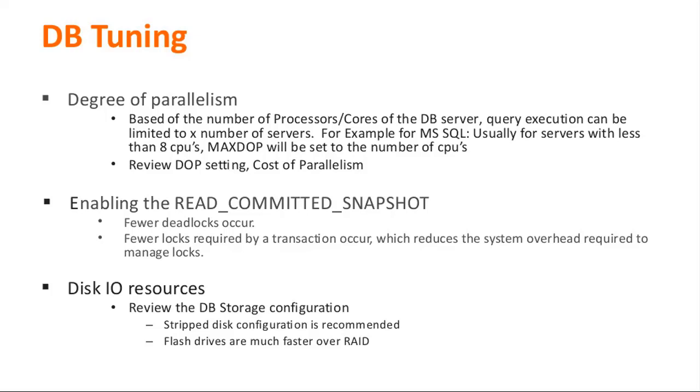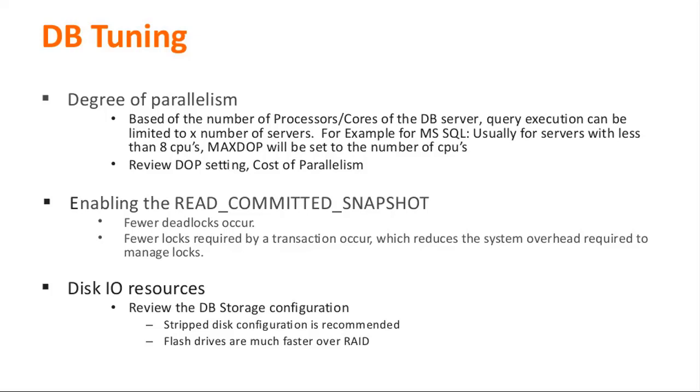It can be set to the number of the CPUs. So you should review this setting. By default, this is the setting on the SQL Server. There's a similar setting for Oracle where you can set the min parallelism and the max parallelism. So these need to be reviewed. It is not like, okay, one setting will work for all. It can vary from environment to environment depending upon the resources.